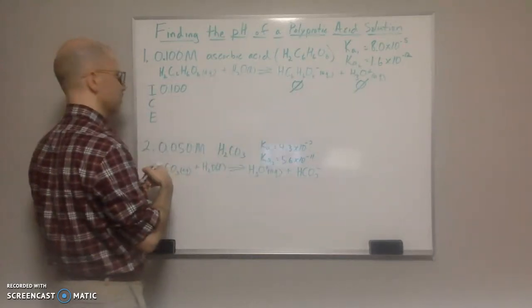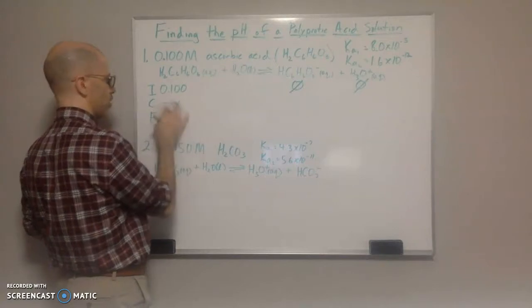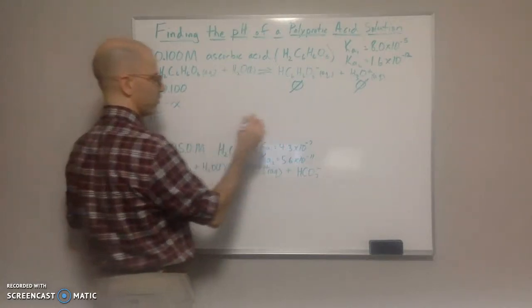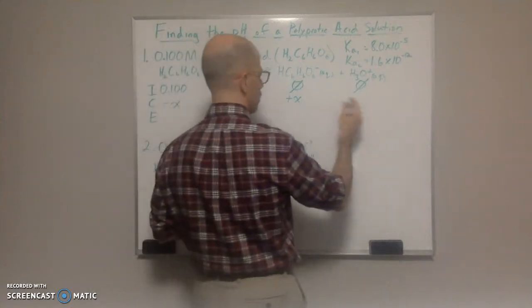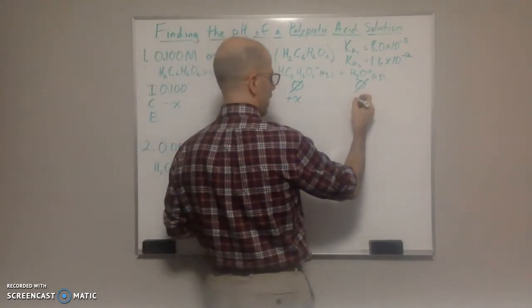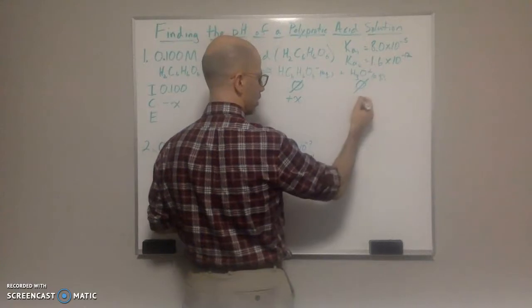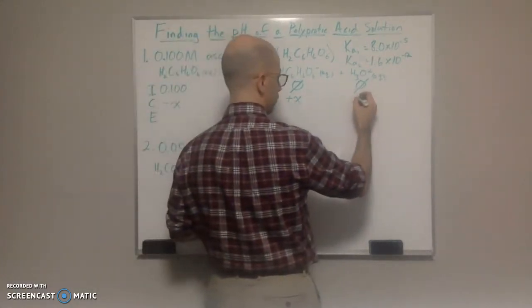So there's our initial conditions, and now we know that the reaction is going to go towards this way to create product. So that means we're going to lose some of our ascorbic acid, so in terms of minus X, and we're going to gain an X amount of the monoprotic acid, or the conjugate base.